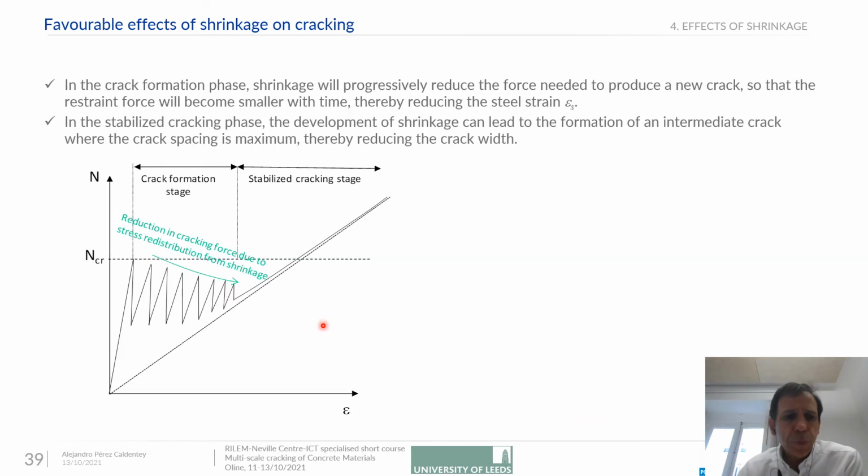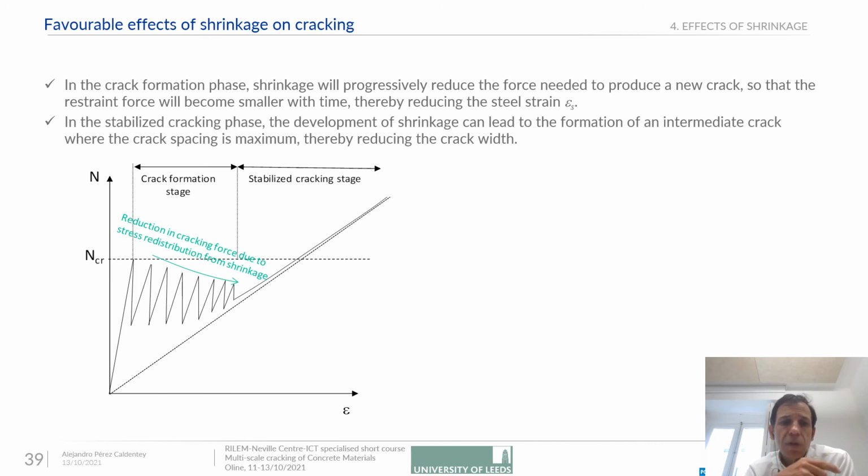However, there are two favorable effects which reduce the effect of shrinkage. One of them is that in the crack formation phase, the element will be subjected to the cracking force, and shrinkage will induce tensile stresses in concrete, which would reduce the cracking force, so that the restraining force would become smaller with time, and this would reduce the steel strain.